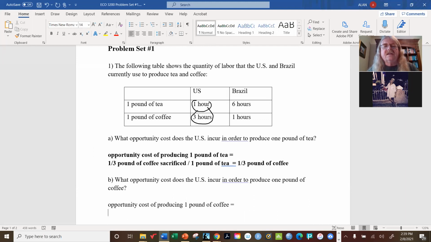So if I use 3 hours of labor to produce a pound of coffee, those same 3 hours of labor could have been used to produce 3 pounds of tea. So in order to gain 1 more pound of coffee, I've had to sacrifice 3 pounds of tea.